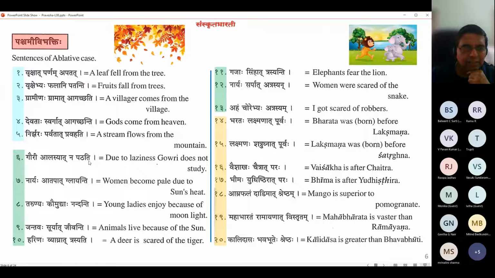In some cases like Napatati is a non-action. So they become the cause of something, cause of something happening or not happening. That kind of sense is there in the Panchami. So the due to sense.